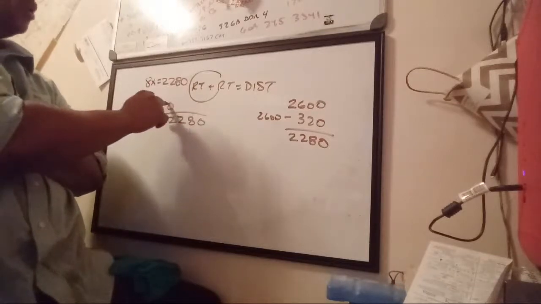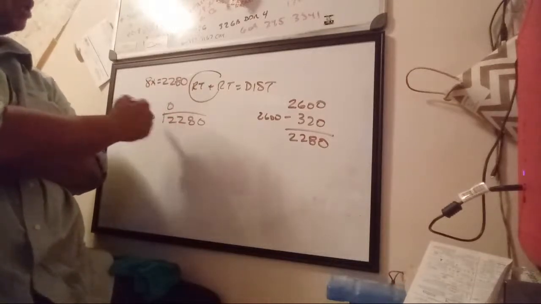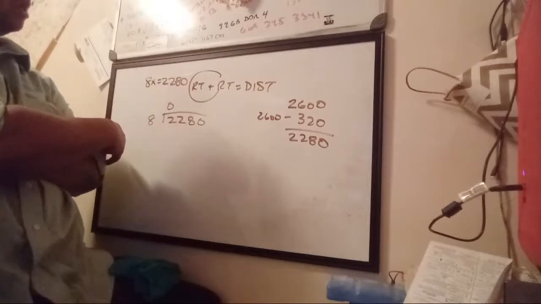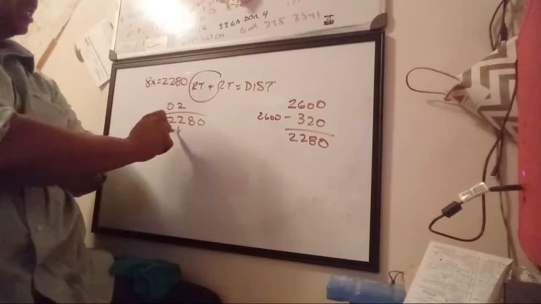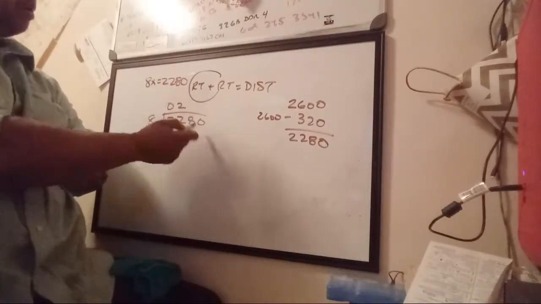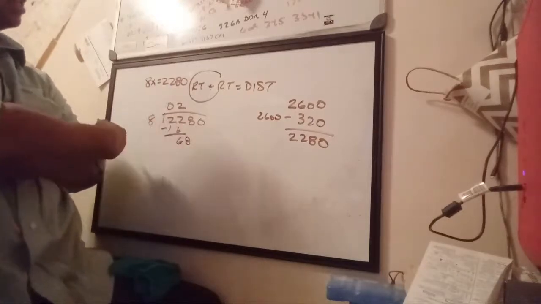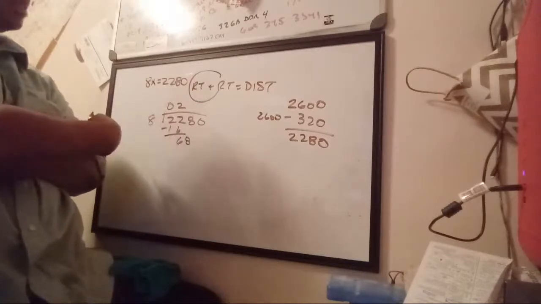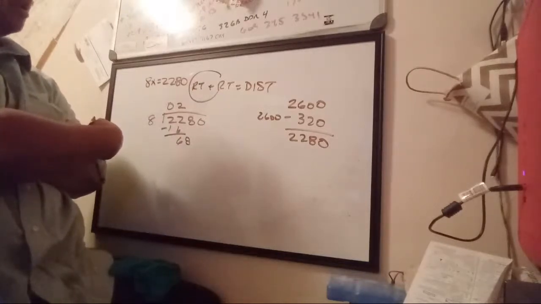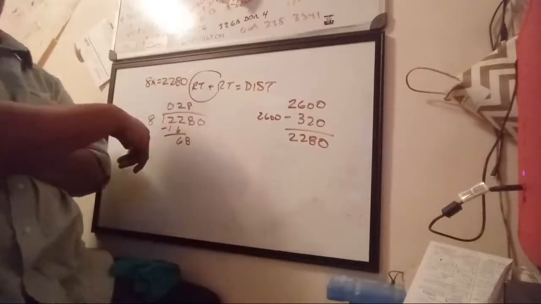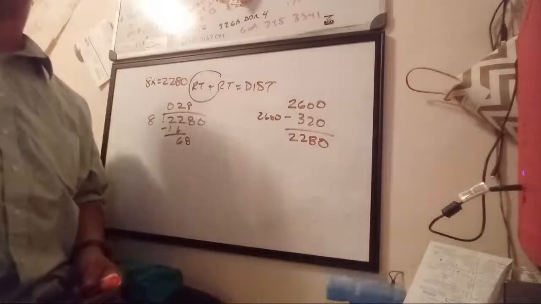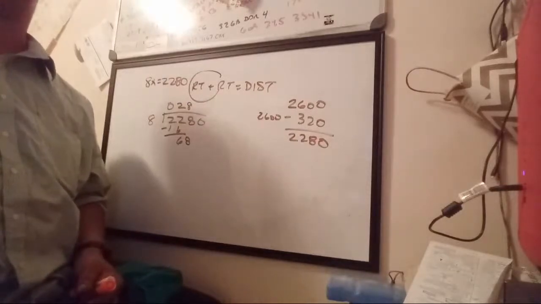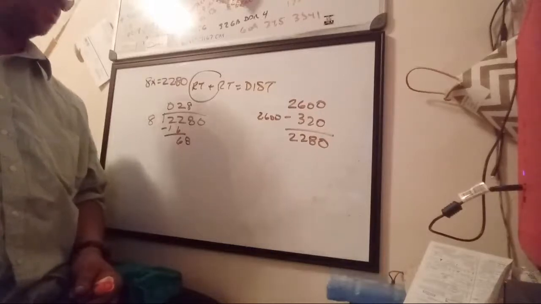Okay, 8 can't go into 2, but 8 can go into 22 how many times, Jasmine? 2 times. 8 times 2 is 16. We subtract, we get a 6. The 8 drops. How many times can 8 go into 68? 8 times. Very good. Now, I'm also going to scan my answers while I'm doing this, because I could possibly stop right here.